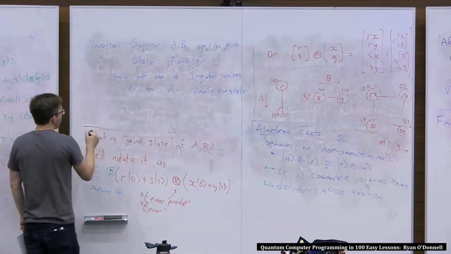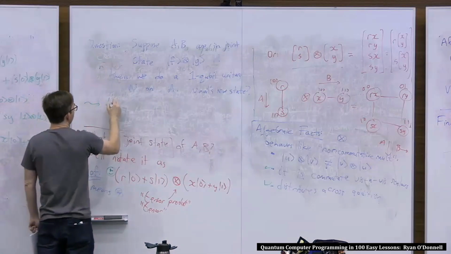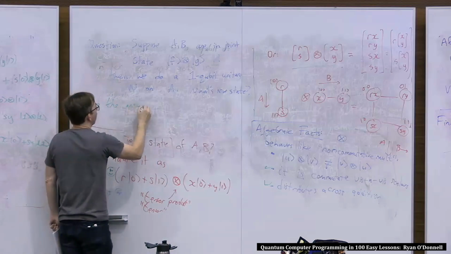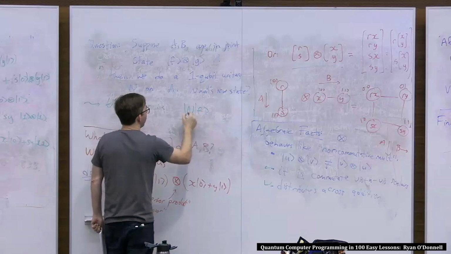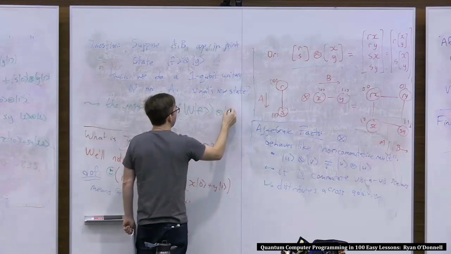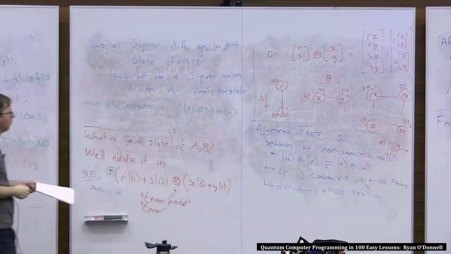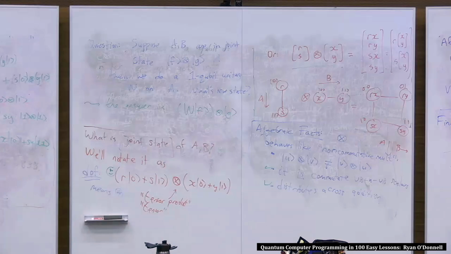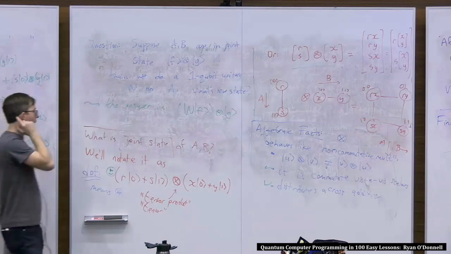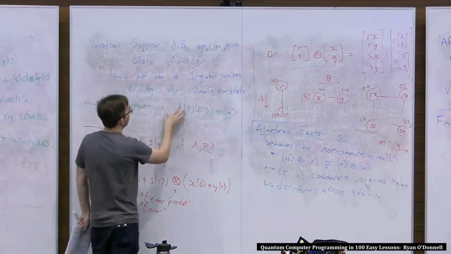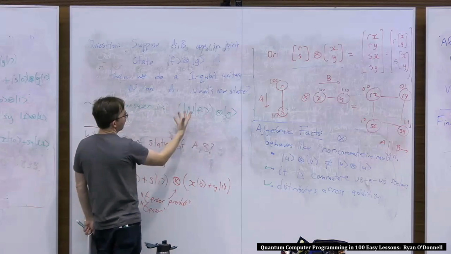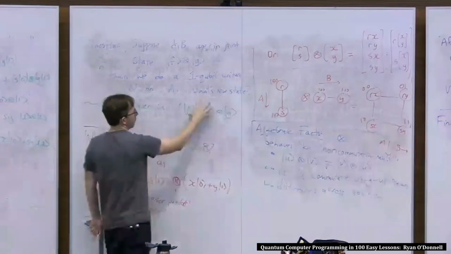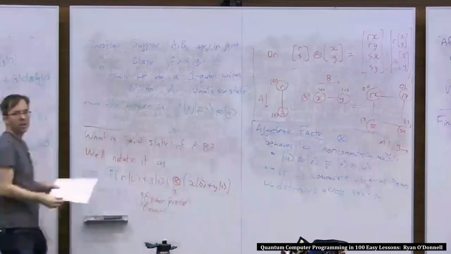So because of this story, the answer is W applied to F, tensor G. If you want, you can do a calculation with the amplitudes to verify this, but the way to think about it is that Alice first did W on F before they brought the two qubits together.